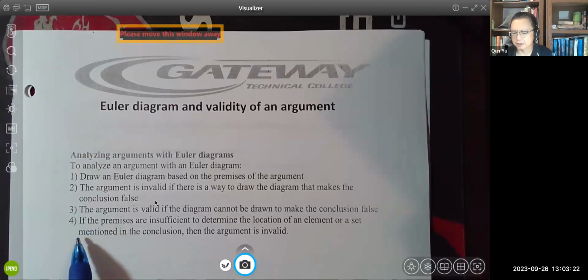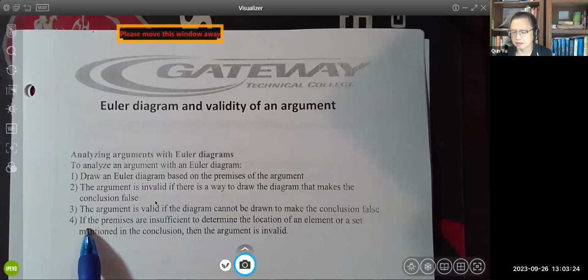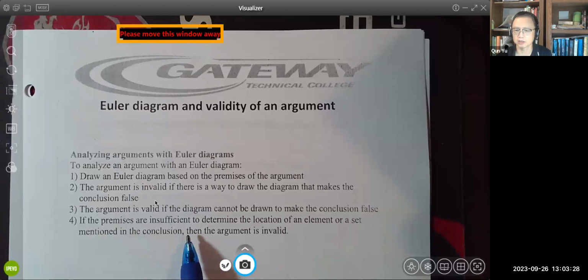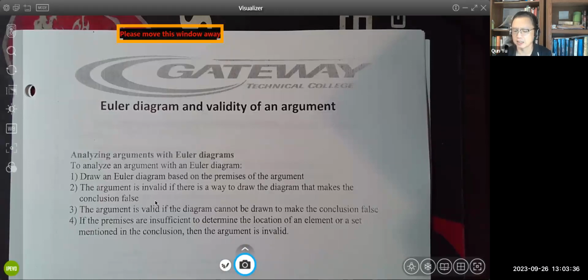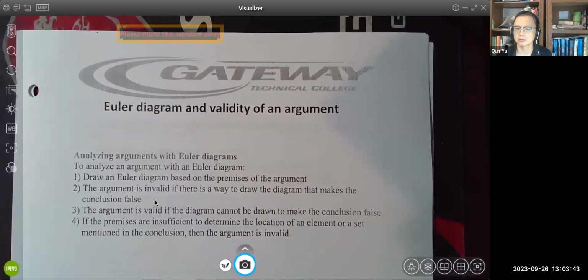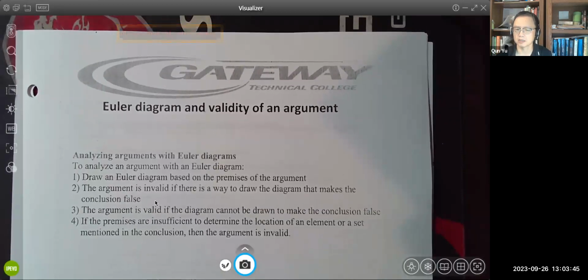So the last part here says if the premises are insufficient to determine the location of an element or a set mentioned in the conclusion, then the argument is invalid. Sure, it is invalid. If you don't even have enough information in those premises to determine the argument, you don't even have a conclusion. And how do you say it's valid or invalid?